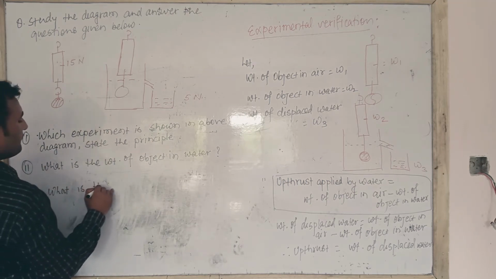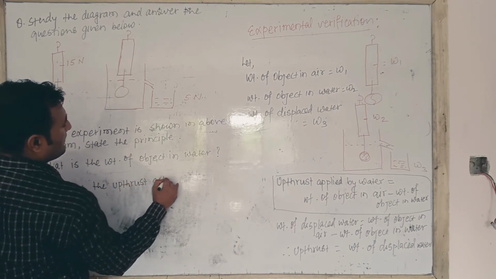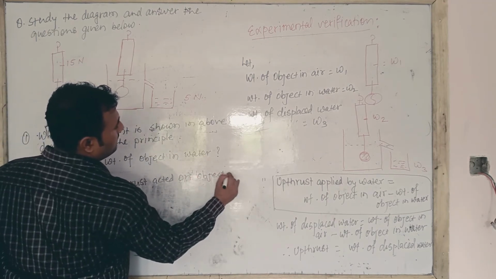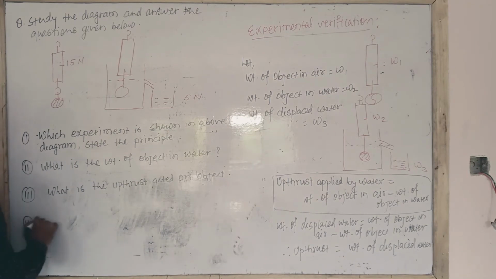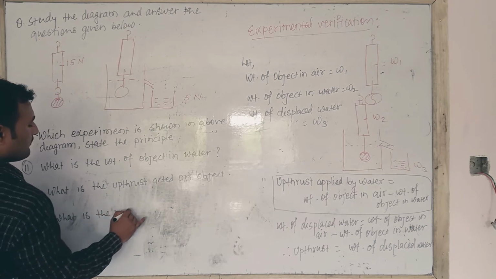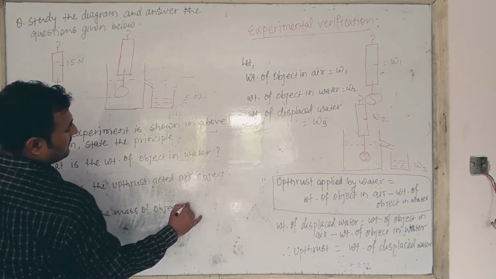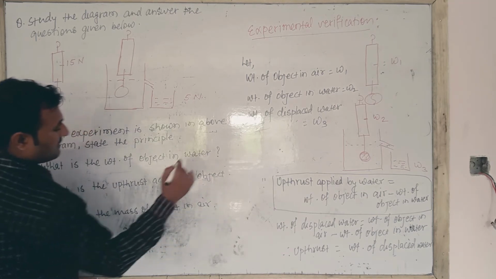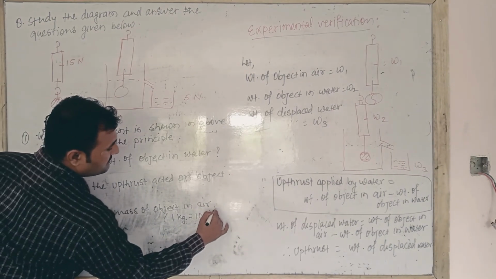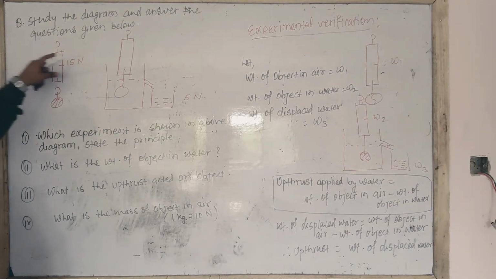What is the upthrust acted on the object? What is the mass of the object in air? There 1 kg equal to 10 Newton, suppose. And here the experiment diagram is based on Archimedes principle.